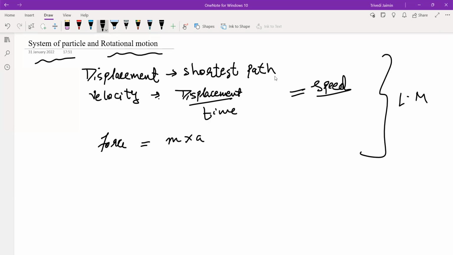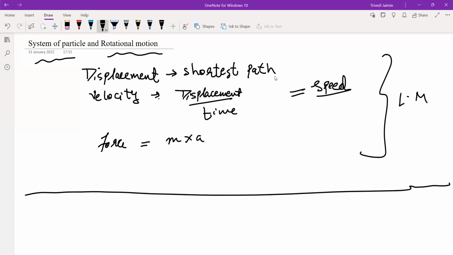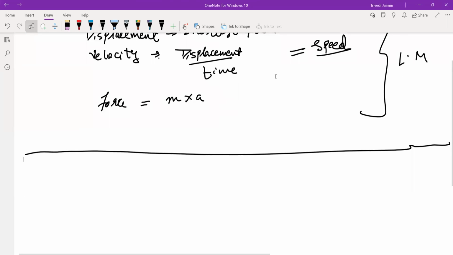Okay, so let's start with our chapter, system of particles. First of all, let's know about the rigid body. What is a rigid body? What do you mean by rigid?